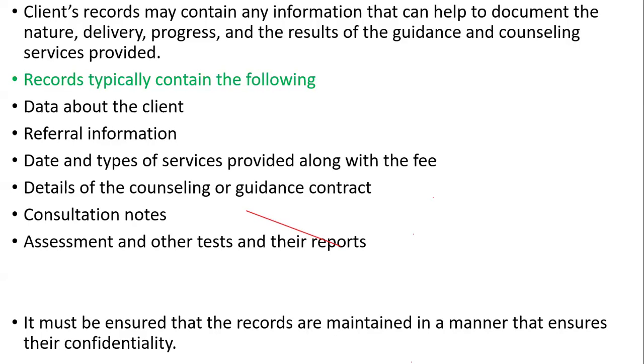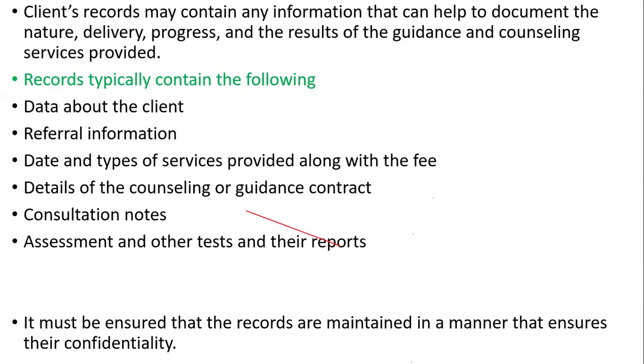The contract means that at the very beginning, the counselor says, okay, now we are going to have 6 sessions. Then those details of the counseling contract are there. So I will charge you daily, or I will charge for the 6 days, like that they will have the contract.